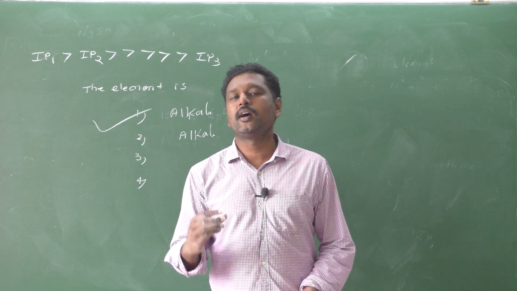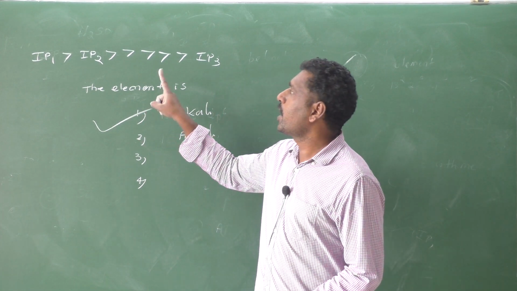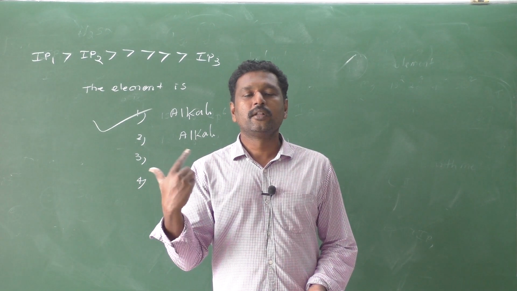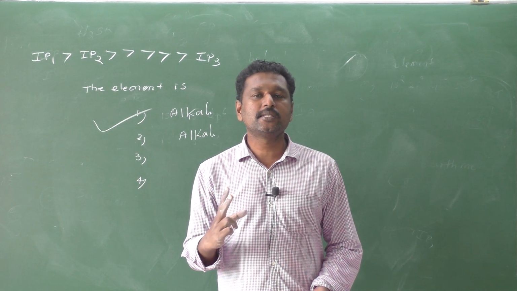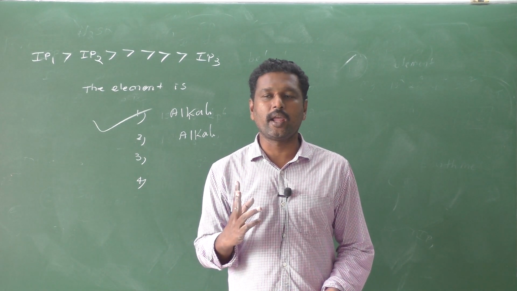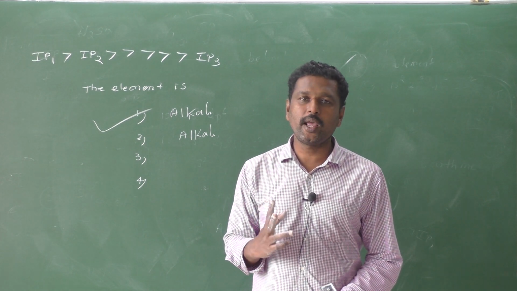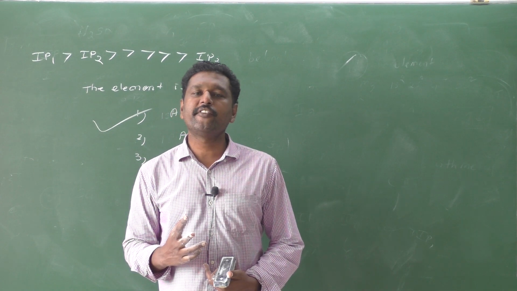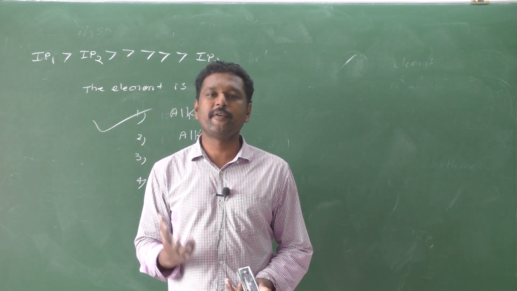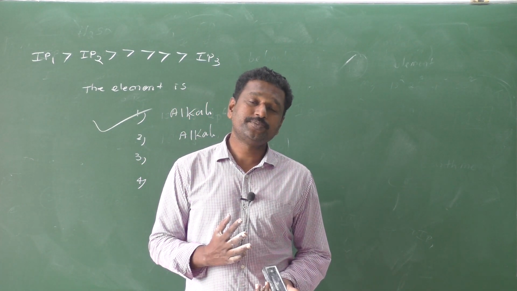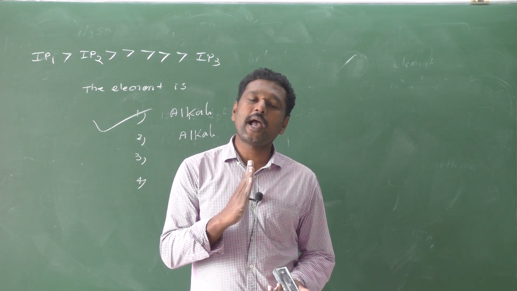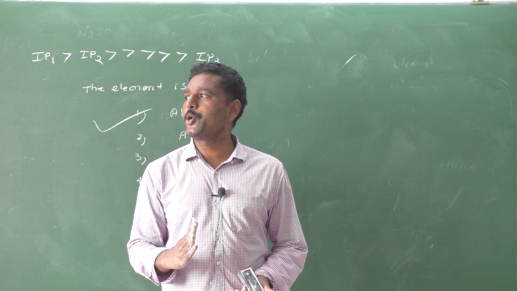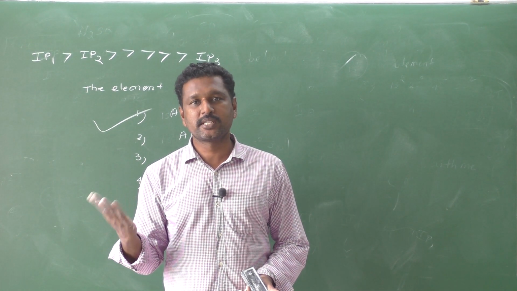Sometimes they will ask the valency electrons. The successive IP values are 200, 300, 1000. The valency electrons in that element is 2 electrons only. So a sudden jump between IP1 and IP2 means the element belongs to alkali metals. A sudden jump between IP2 and IP3 means it belongs to the second A group.